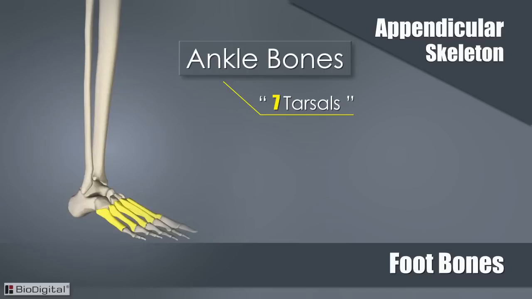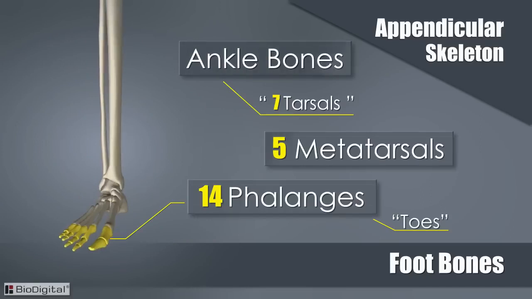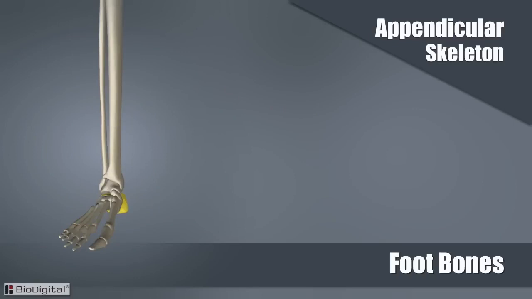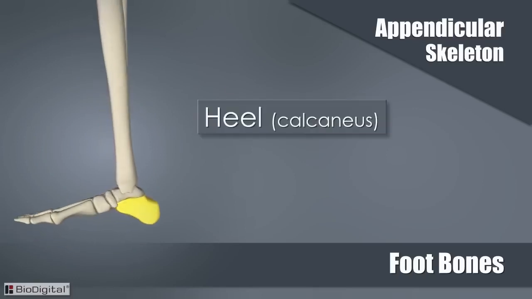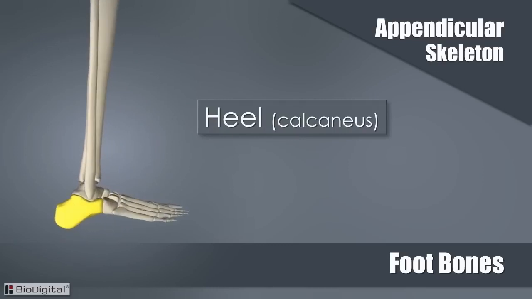Attached to the ankle bones are the 5 metatarsals. And attached to these bones are the 14 phalanges, which are the toes. And last but not least of the leg bones is the heel of the foot. This is known as the calcaneus.